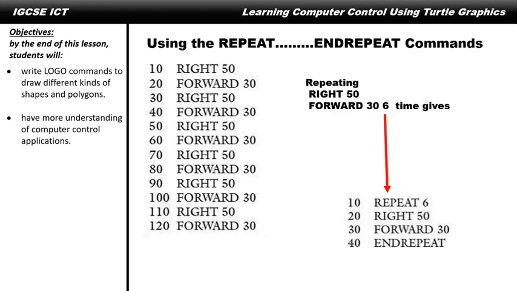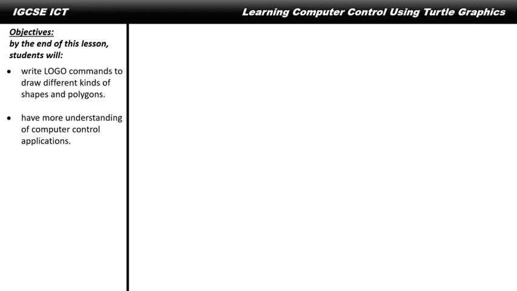The microprocessor knows that this instruction is repeated 6 times, so it just needs to do right 50, forward 30 and multiply it by 6. This makes it more efficient than going from instruction number 10 to instruction number 120. So that is how to use the repeat and end repeat commands.